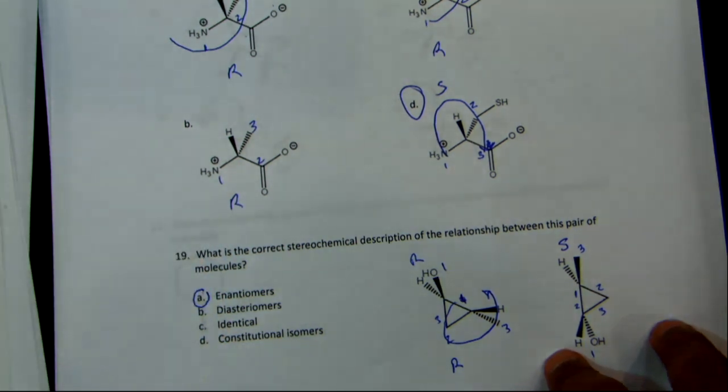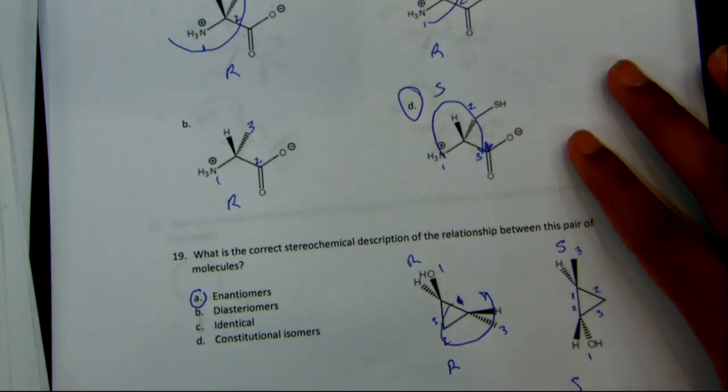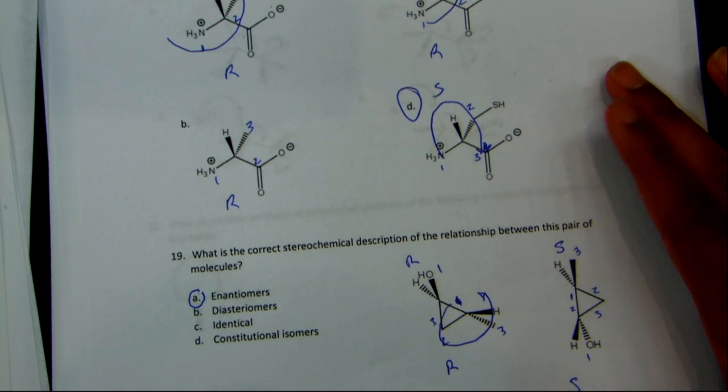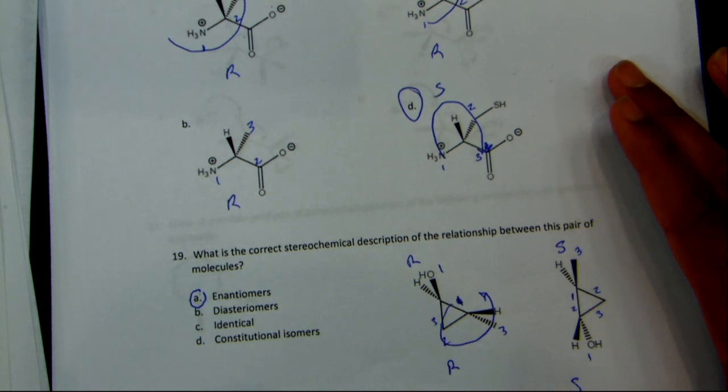I think they could still work, it's just different connectivity. I thought we would look at the wedges and dashes, and if all of them changed, that's an enantiomer. But if all but one changed, it's a diastereomer.